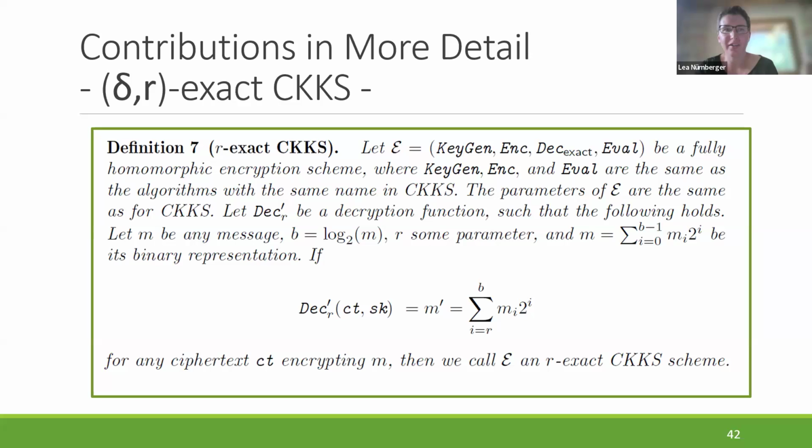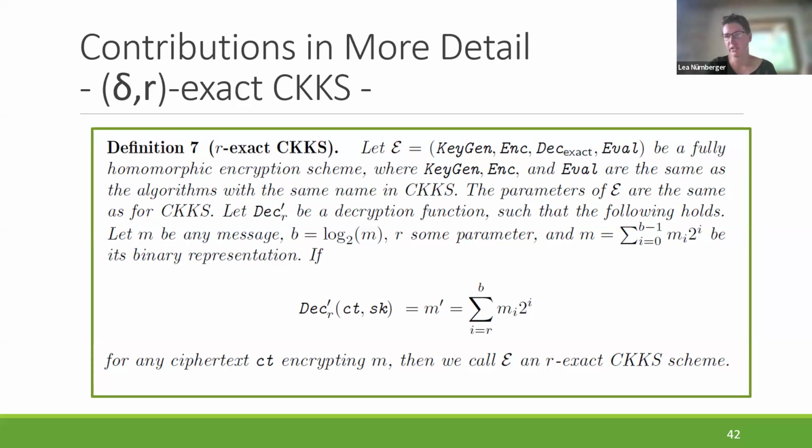Further on now to exact CKKS. So we then moved on in this work to define R exact CKKS. So what is R exact CKKS? It has the same key generation, encryption, and evaluation algorithms as normal CKKS, but it has a different decryption functionality.